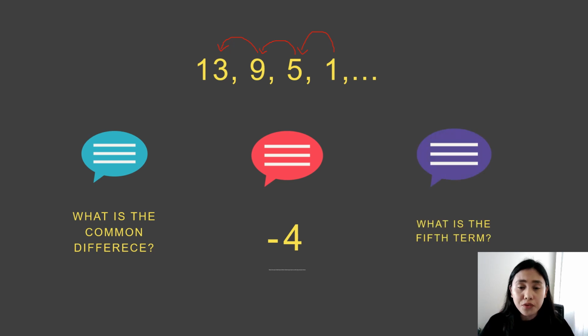What is the fifth term? Dahil ang ating common difference ay negative 4, we are going to add this to the fourth term to get the fifth term. So 1 plus negative 4 is equal to negative 3.